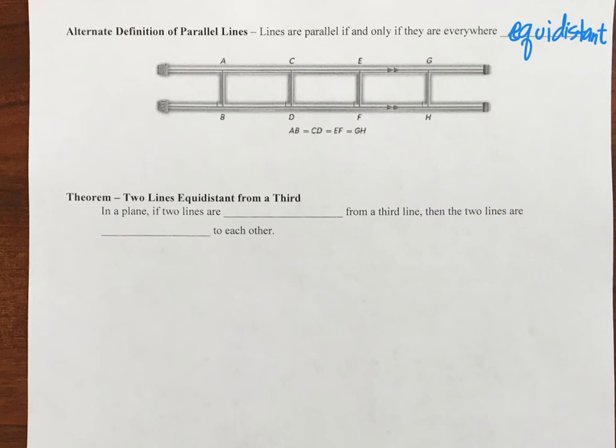The sides of the ladder are congruent because each one of these rungs has the same measure. We're told that AB is equal to CD is equal to EF is equal to GH. Let's go ahead and rewrite that in terms of congruency. Let's say that segment AB is congruent to segment CD, which is congruent to segment EF, which is congruent to segment GH, okay?